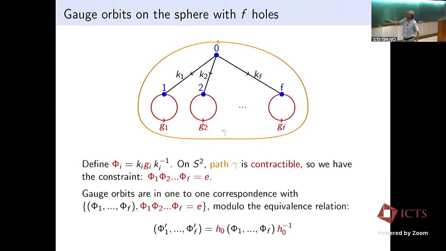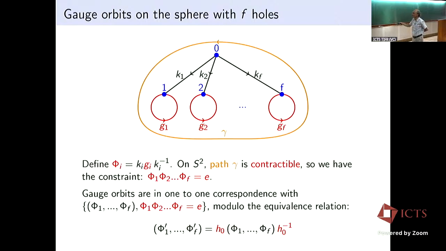Take the plane plus one point at infinity, and I punch F holes, F for fluxes. I put some fluxes g1, g2, gF on those holes, but I told you the rule is to relate all those fluxes to a common origin. So the correct fluxes involve the conjugacy by these paths k1, k2, kF, each carrying a group element.